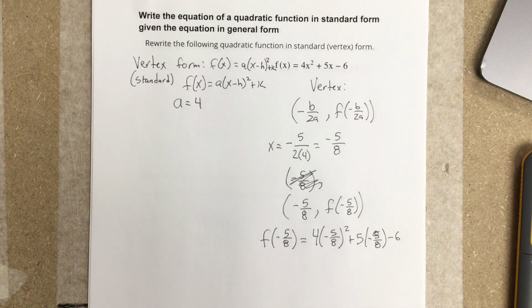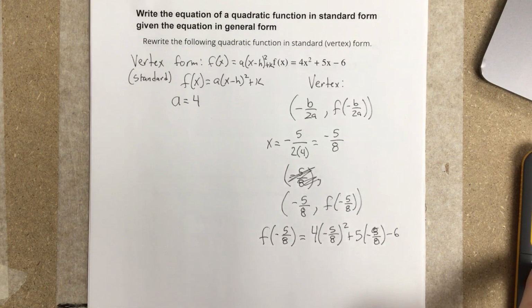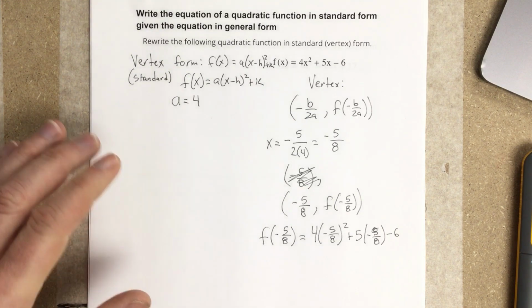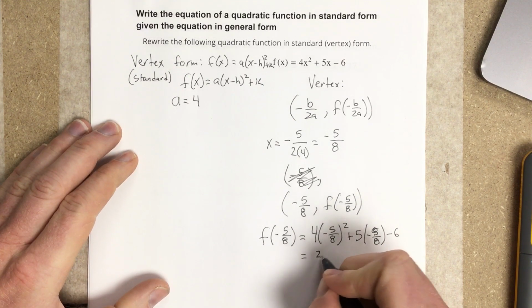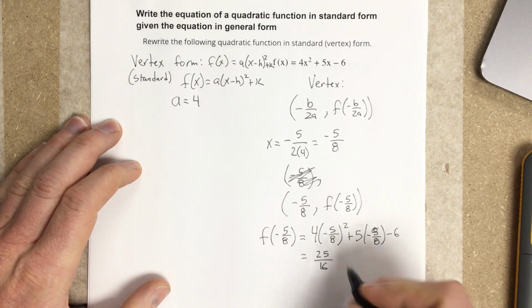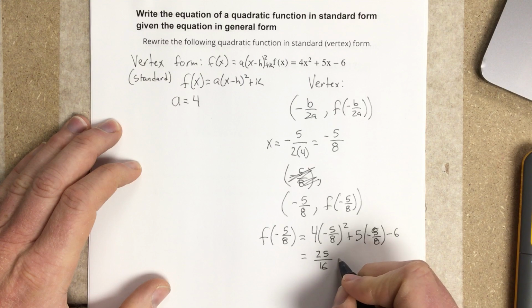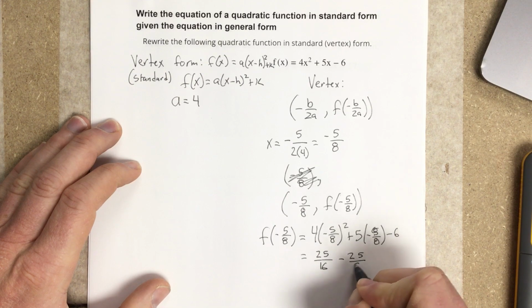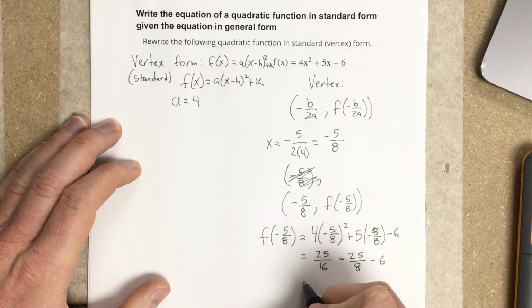Negative 5 over 8 times itself gives you 25 over 64. We're going to take that times 4, so I get 25 over 16 here. When I multiply here, I end up with negative 25 over 8 minus 6.